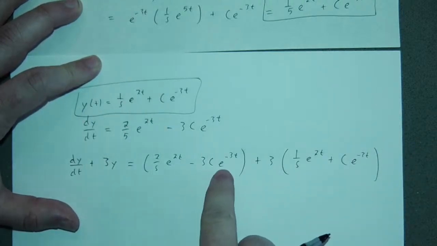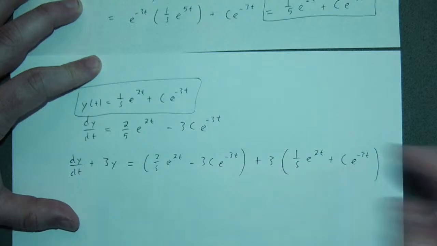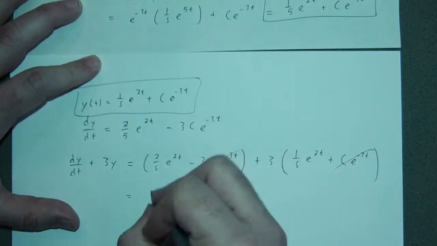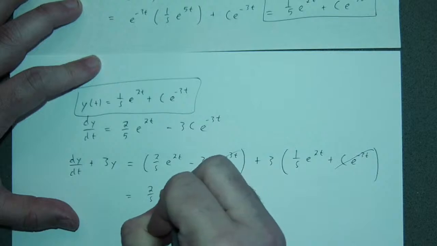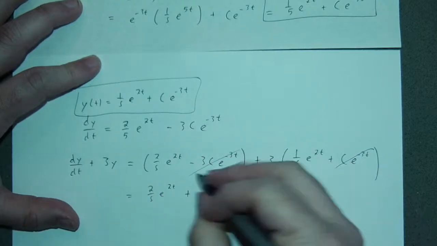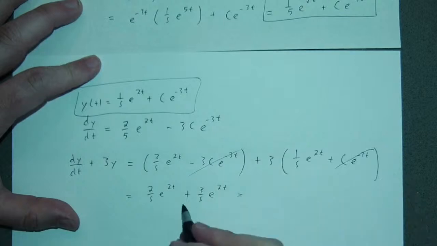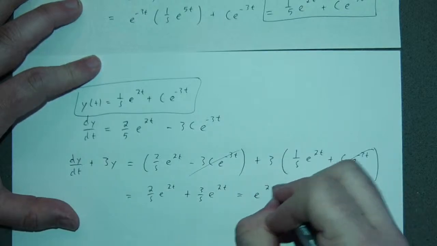So minus 3c e to the minus 3t plus 3c e to the minus 3t. Those cancel. What I'm left with is 2/5 e to the 2t plus 3/5 e to the 2t, which is 5/5 or 1 e to the 2t.